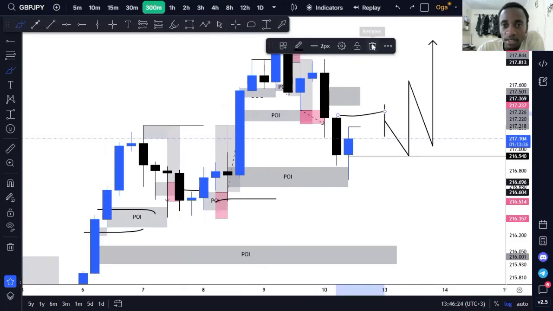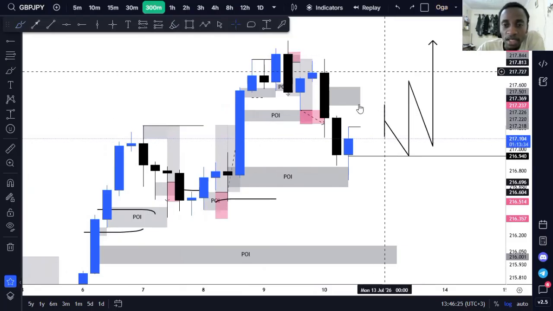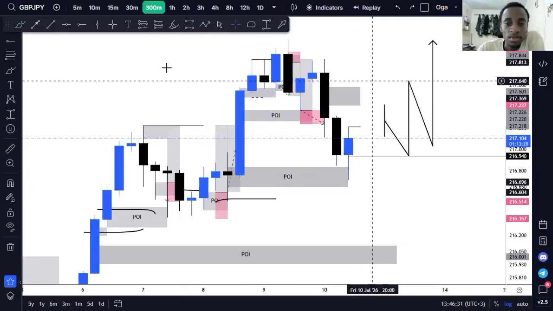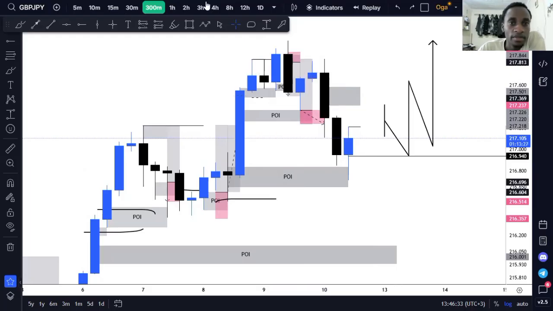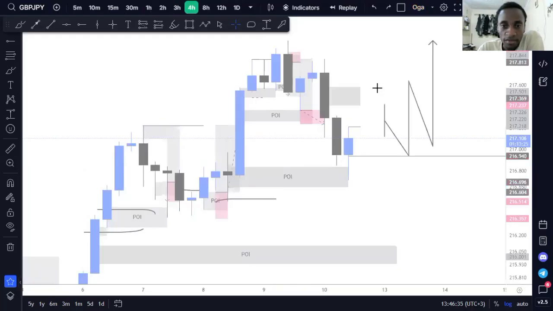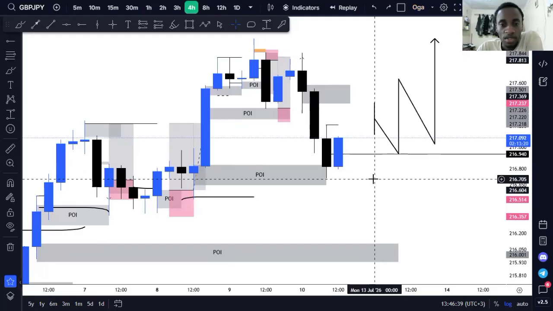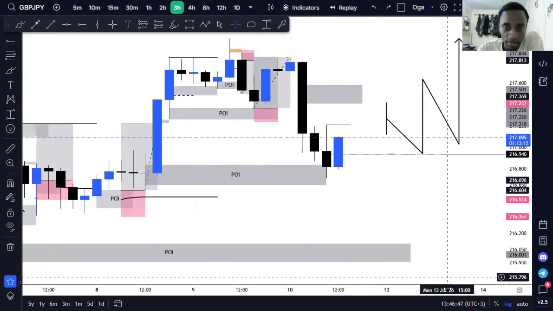So the nearest liquidity I've seen is at this level here. So let's wait to see what we shall get from there. 4 is still showing the same thing. So we go to 3, it hasn't closed above here yet. That's what I'm waiting for, by the way.